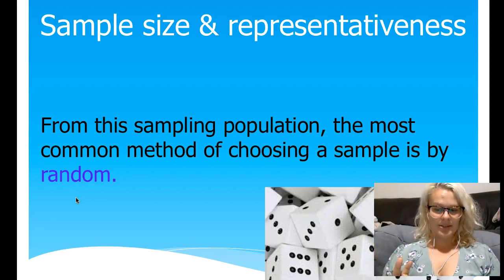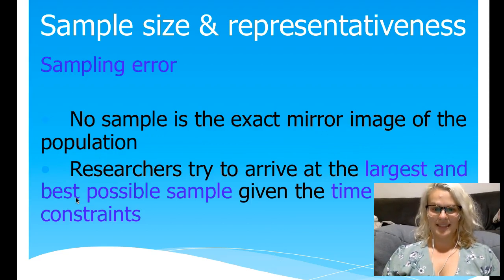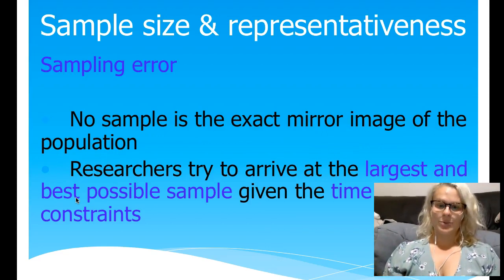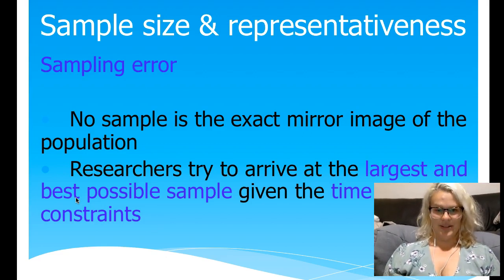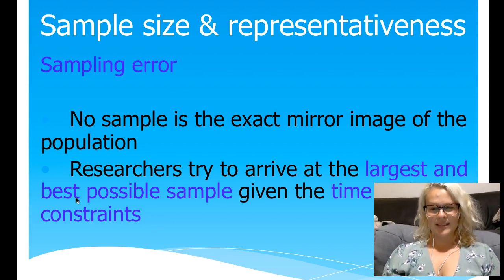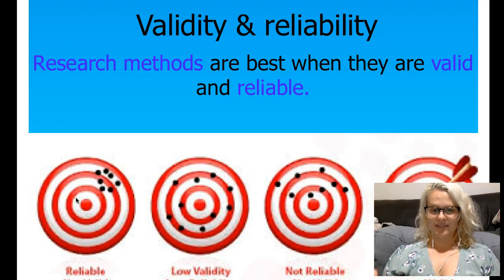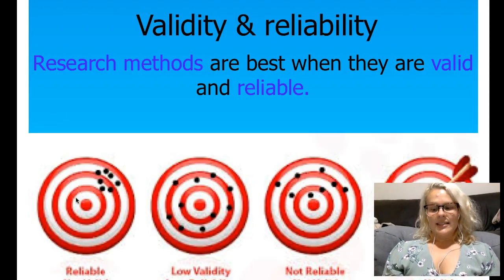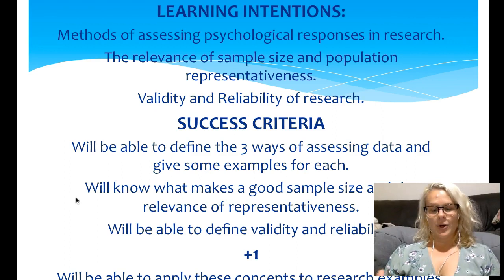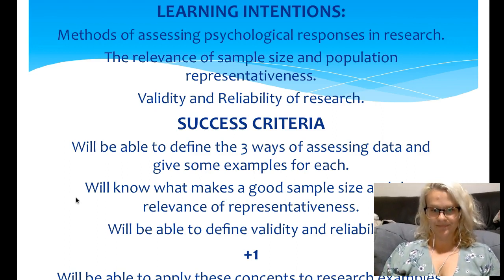So we might have 12 different high schools and randomly select people from those high schools to get our representativeness. If we have sample error, then it means that it doesn't mirror the population and that our research isn't going to represent everything. I'm going to skip over this stuff because we're going to cover it later on.